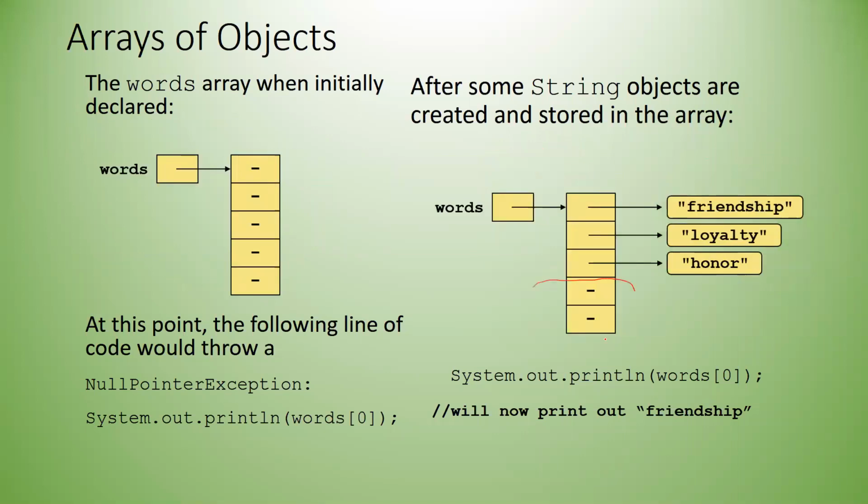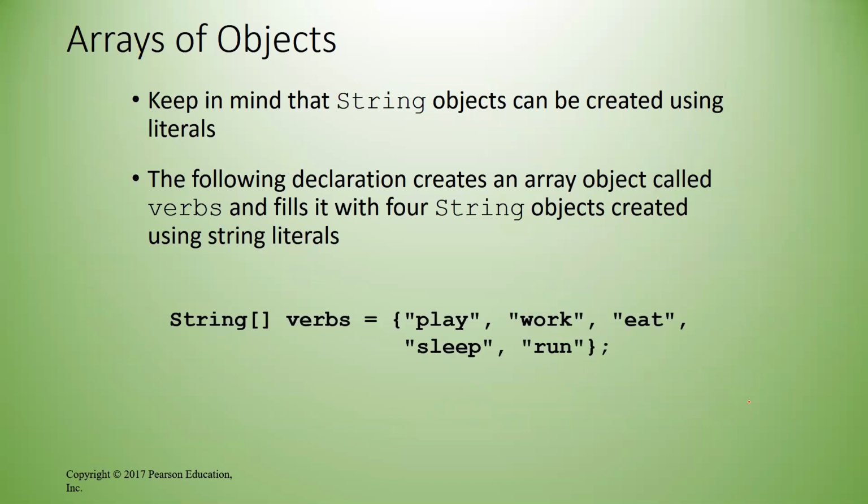Okay, they are still null. There are no elements there. So after this initial creation of the array, if you print it, it will give you a null pointer exception. But after you instantiate it with friendship, it will print out friendship. Okay, that's important to remember.